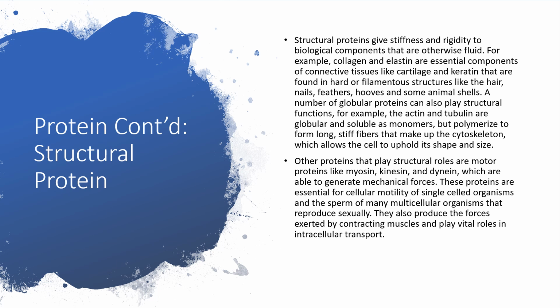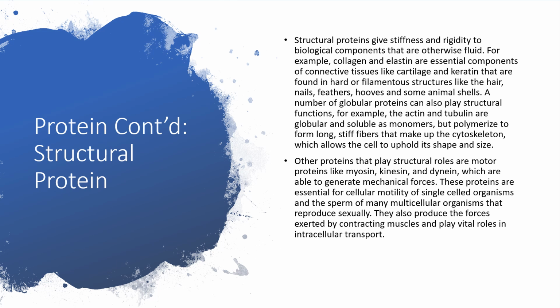A number of globular proteins can also play structural functions. For example, actin and tubulin are globular and soluble as monomers, but polymerize to form long, stiff fibers that make up the cytoskeleton, which allows the cell to uphold its shape and size.